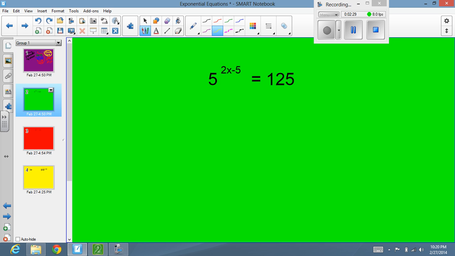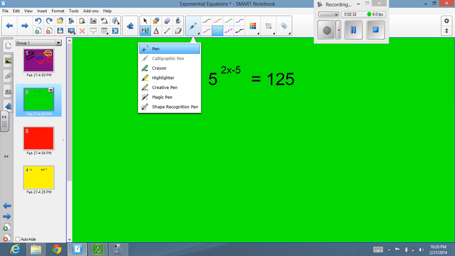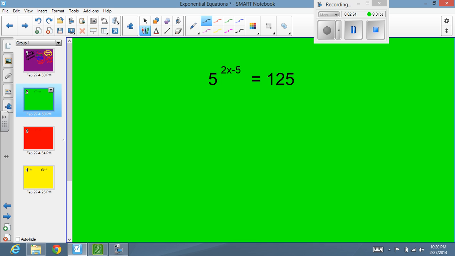Second example. In this case, we do not have common bases, because my first base is a 5 and my second base is a 125. But what you want to do is, once you see that one of your bases is 5, grab your calculator or just start going through the powers of 5 in your head. 5 squared is 25. 5 to the 3rd power, well, that turns out to be 125.